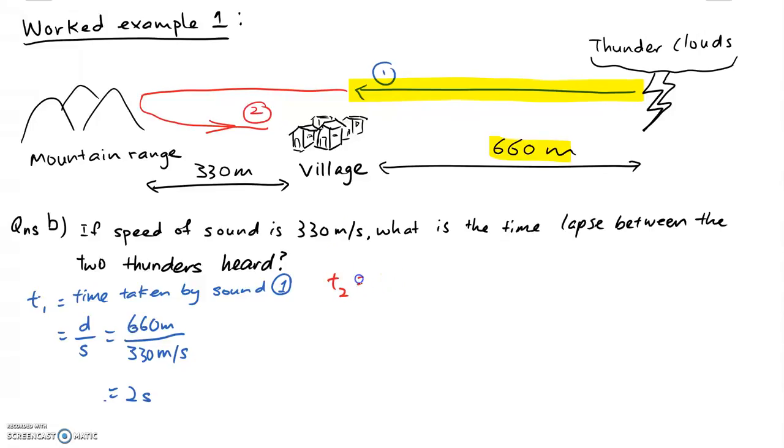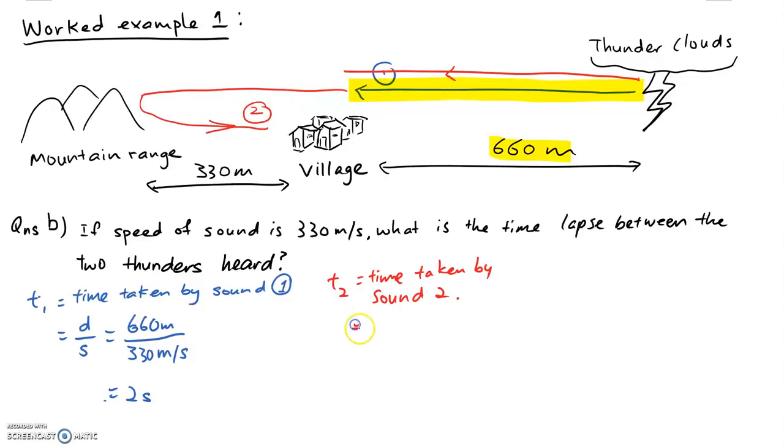So T2 is the time taken by sound 2. Now you realize that sound 2, does it travel from the village? No, it travels from the thundercloud itself as well. So this is the part we need to include as well.